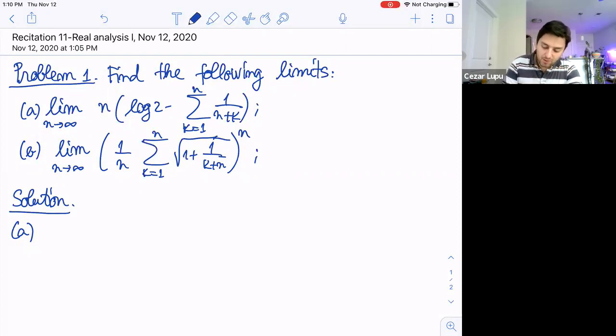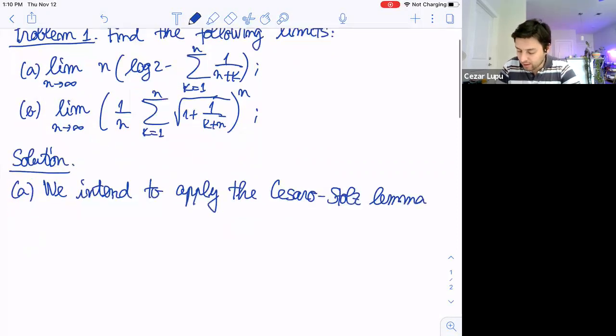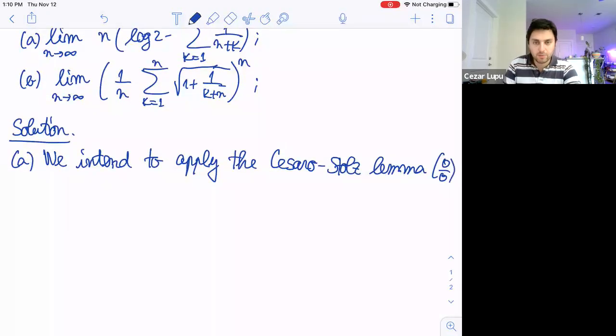So we intend to apply the Cesàro-Stolz lemma, but this time the 0 over 0 case, and I haven't discussed it in the lecture, but I'll do it now. 0 over 0. This is important.